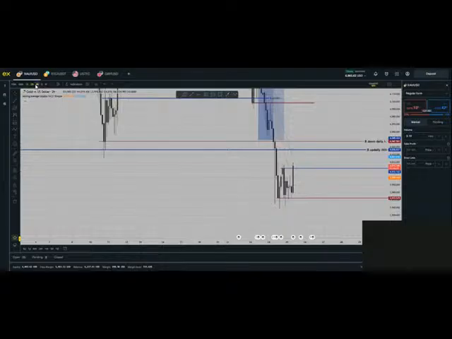Let me go on to the daily time frame. As you can see, that level on the daily is here. It was the closure of this very day, that is yesterday.